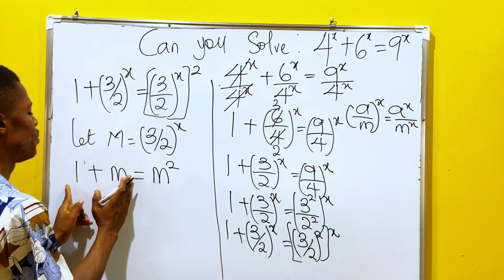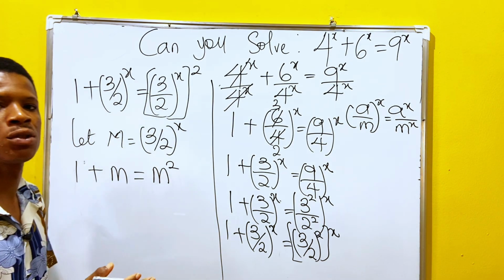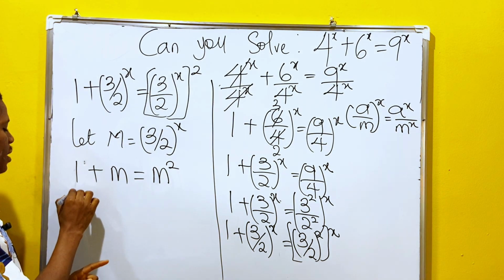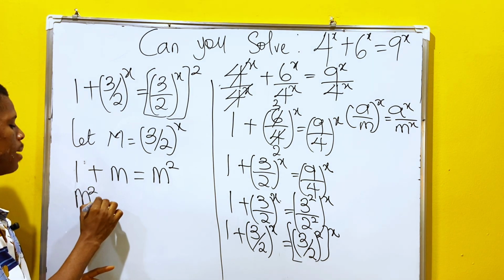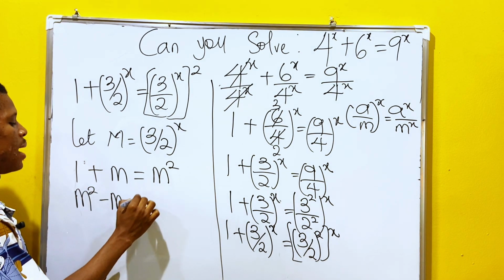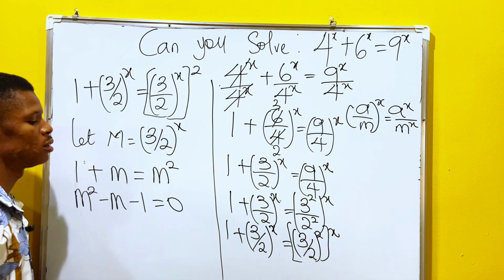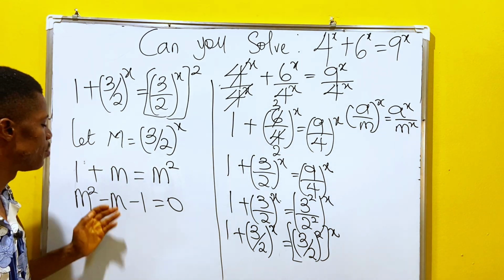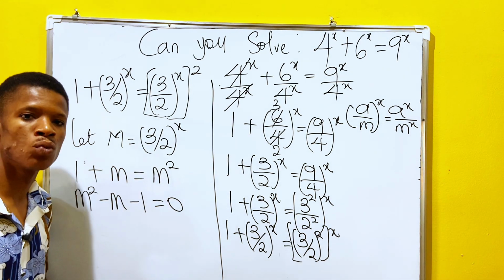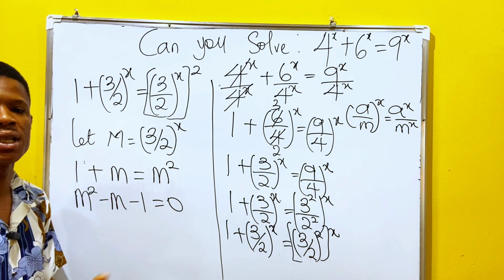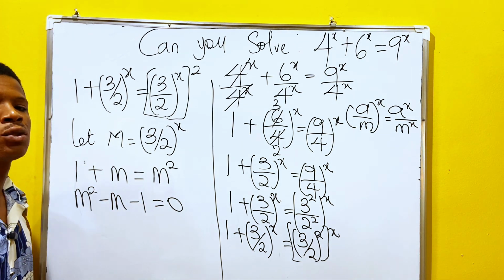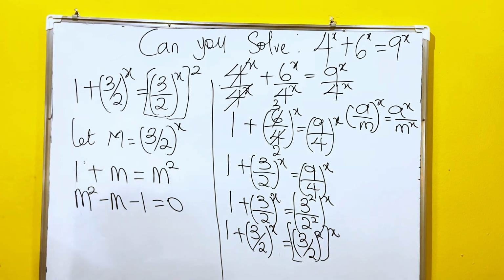So let's bring everything to the right-hand side and equate to 0. So we have it that m squared minus m minus 1 is equal to 0. This is basically a clear quadratic equation. So to solve this quadratic equation now, all we have to do is to use general quadratic formula.